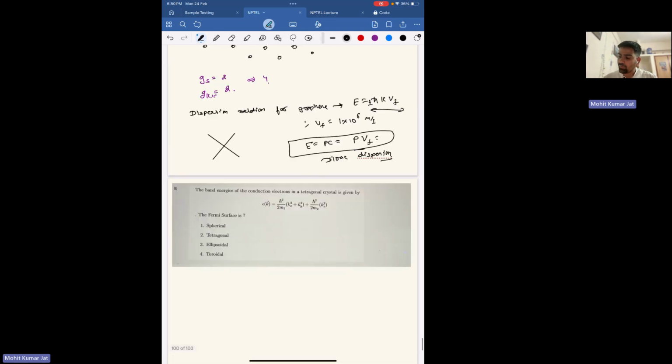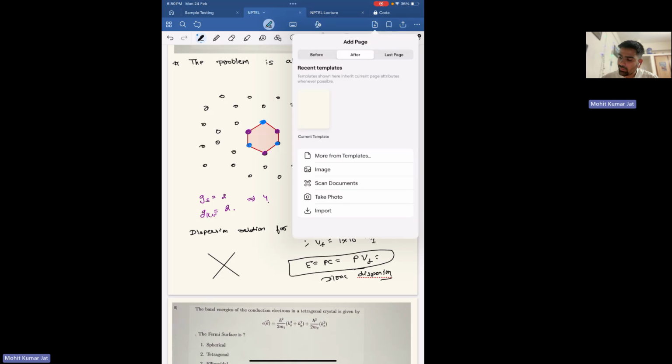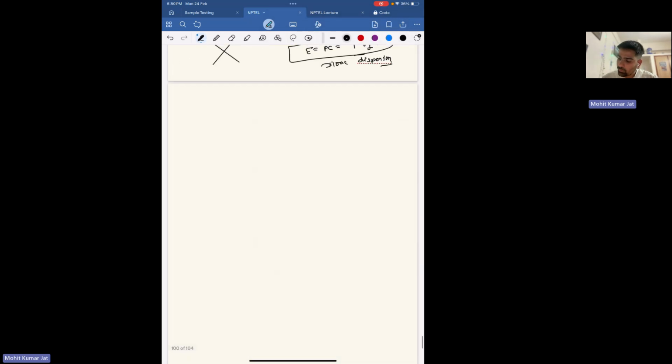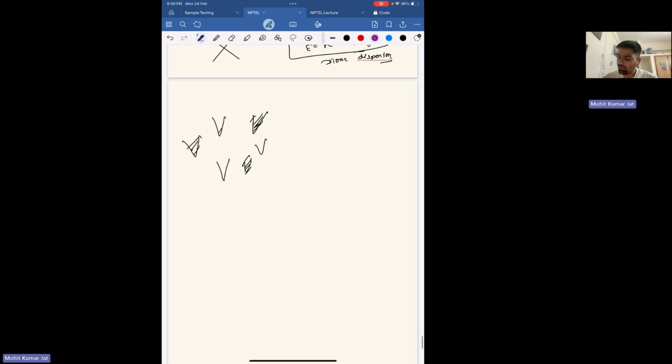I can't draw it in 3D, but if I show you in 3D, there will be 6 points where it touches. These three will be of one kind, and these three will be of one kind. They are known as valleys, or pseudospin valleys, whatever you call them.